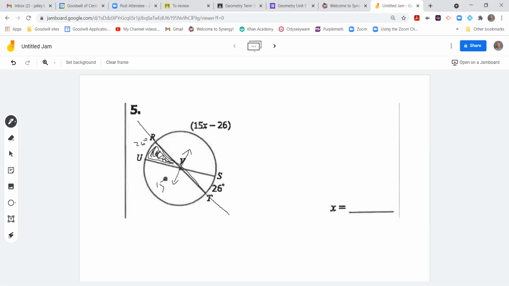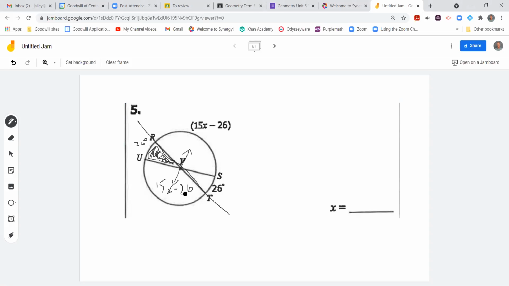So I don't know how many degrees that is, but I got a description here. It's in algebraic form. It's an expression. So what? We know how to deal with those. So I've got 2 angles that are 26 and 2 angles that are 15x minus 26. And that covers everything for the whole circle.